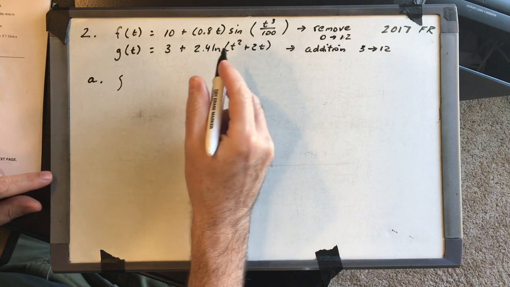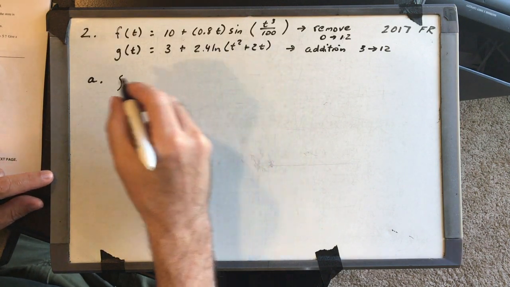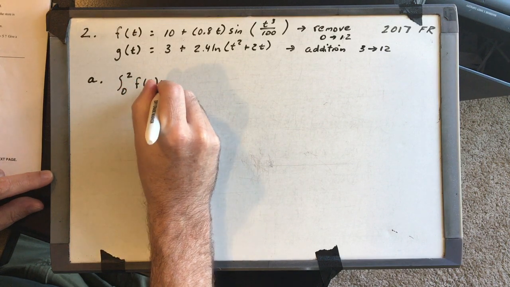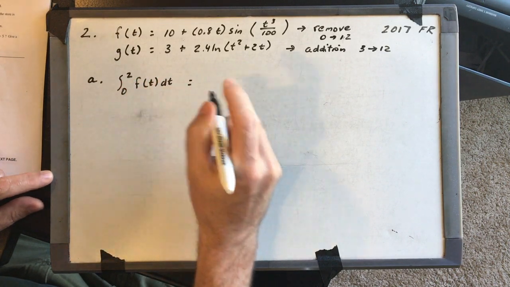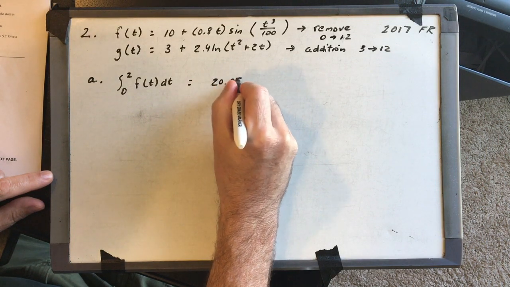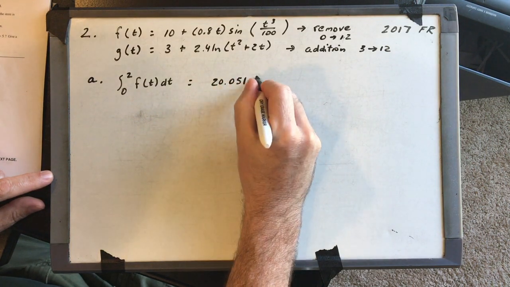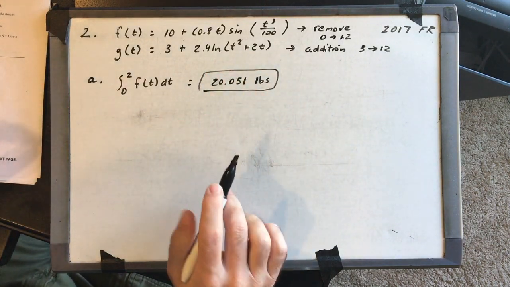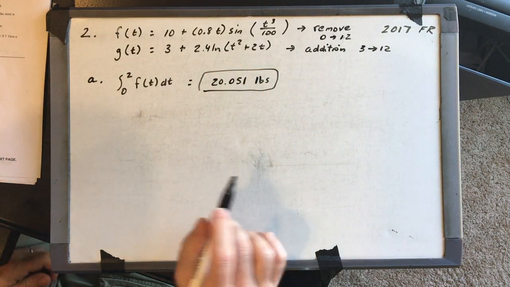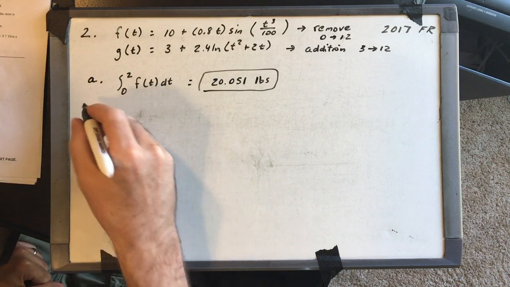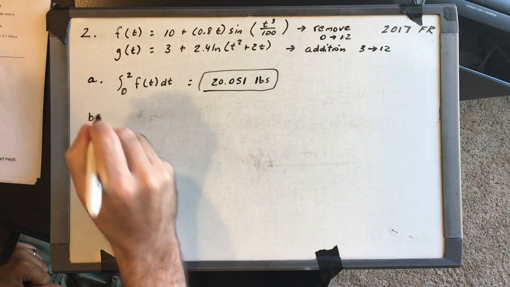You do have to type it in your calculator, but it's going to be the integral from 0 to 2 of f of t dt, and the graders are cool with you just putting that down, and that's 20.051, and the unit is pounds. So that's one. Go ahead and plug it into your calculator to get fast in your calculator and practice that, but you know, that one's not bad at all.